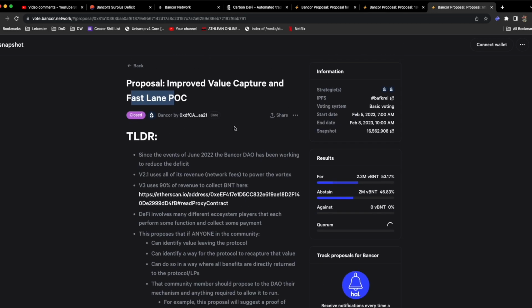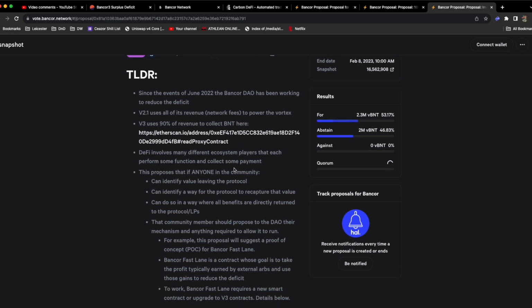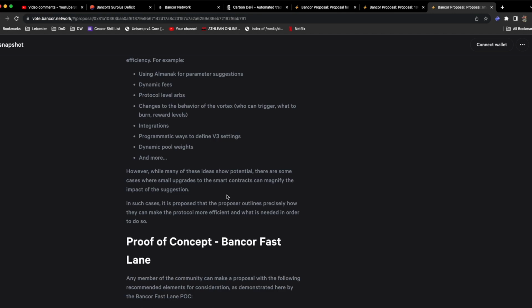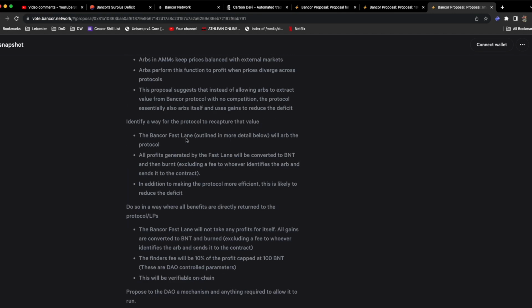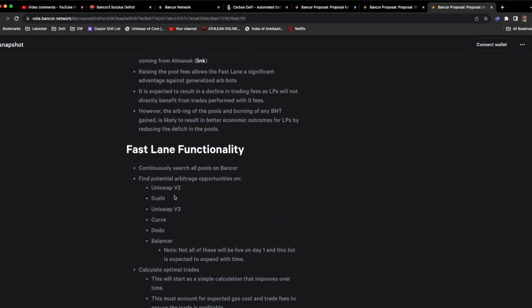And then the last way is they have this Fastlane arbitrage bot. Now this thing's pretty special. It looks at a whole bunch of places: Uniswap, SushiSwap, Curve, Dodo, Balancer, and I know they've added some others like PancakeSwap and version 2, version 3, and stuff like that. So this arb bot can find arbitrage opportunities.